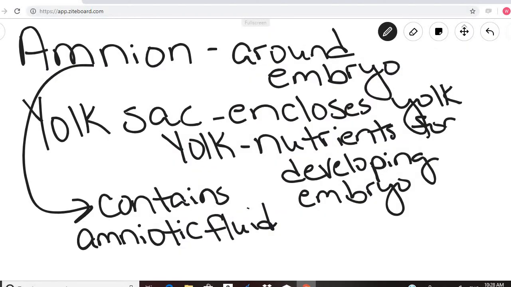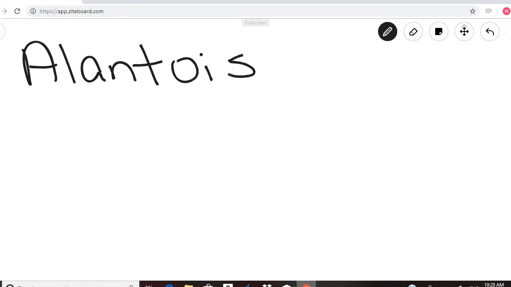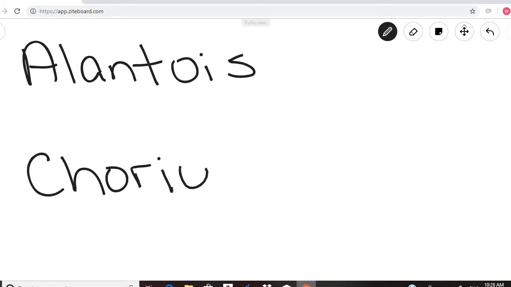Okay, then the next two parts that we will look at are the allantois and the chorion. The allantois is just a bundle of blood vessels.